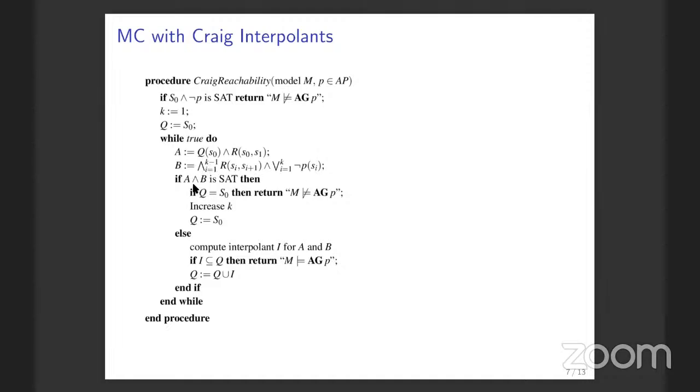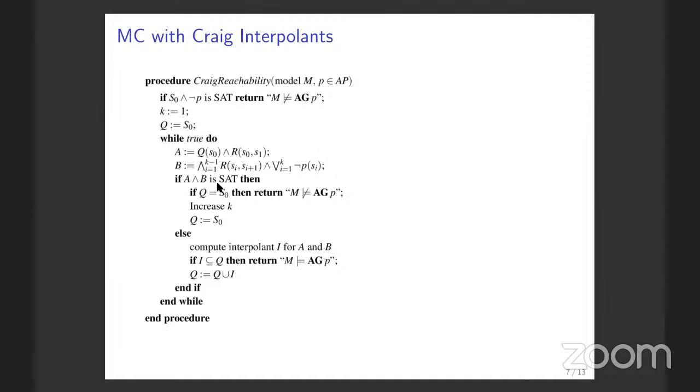If A and B is sat, then, because I'll be doing this not only for I at the beginning but for S0, the initial set of states, and as I move along I'll be over approximating, that's why there is a check here.